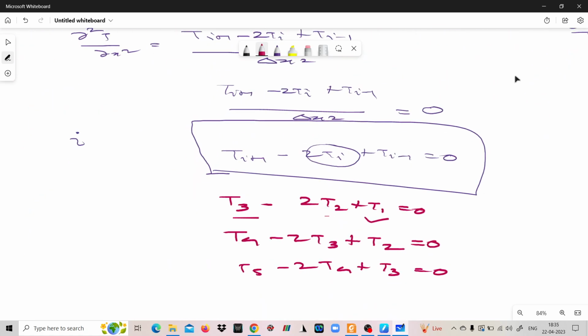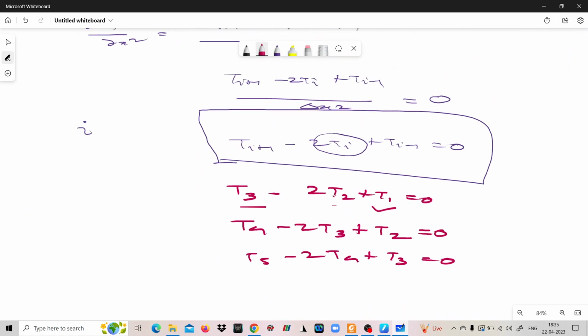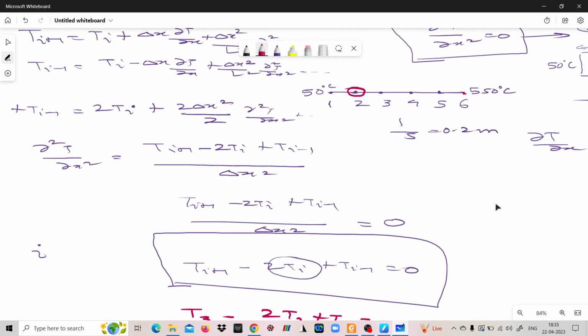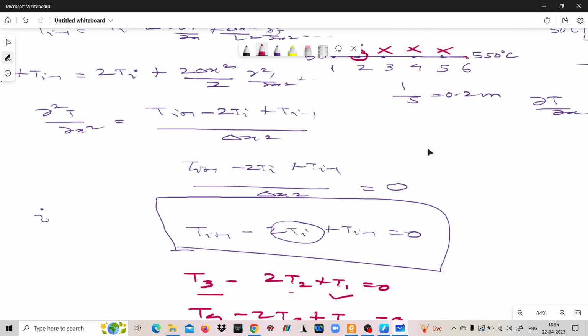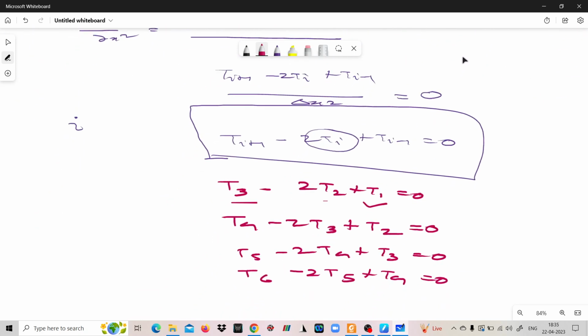Similarly for node 5, T6 − 2T5 + T4 equals 0. And for node 6 it is already known. So how many unknowns are there? Temperature at node 2, node 3, node 4 and node 5. So there are 4 unknowns. How many equations are required? 4 equations are required. So you have obtained 4 equations.